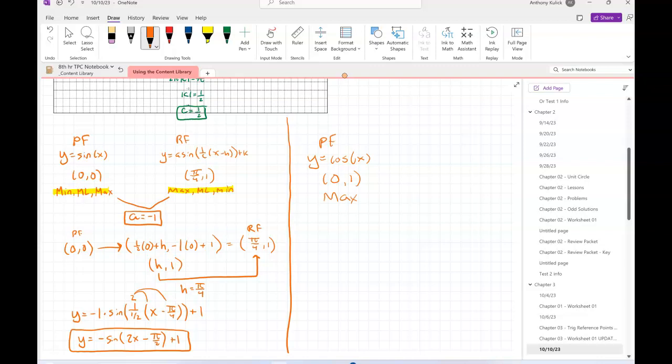Kate: How come for sine you wrote min, max, and then for cosine it's just max? So on the graph of cosine, it looks like that. That's just a maximum. For the graph of sine, it looks like that. But there's two types of midline points.